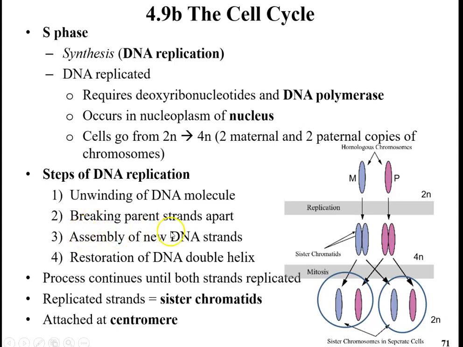You're going to assemble a new DNA strand or strands, and then the DNA is going to wind itself back into a double helix. This process continues until both strands are replicated, and these replicated strands are now referred to as sister chromatids. And they're attached in the middle, which is not pictured here, but in the middle there's an area to which they attach, and that's called the centromere.